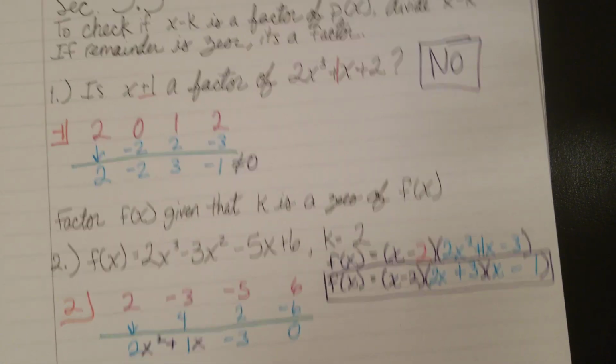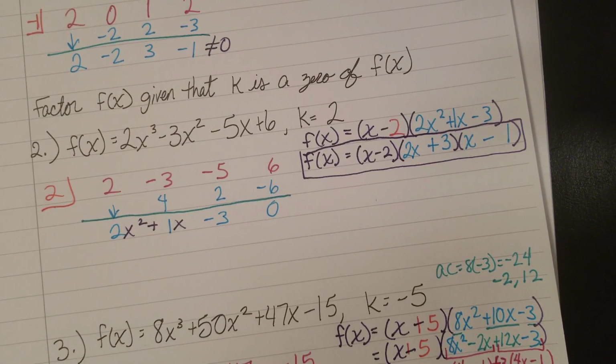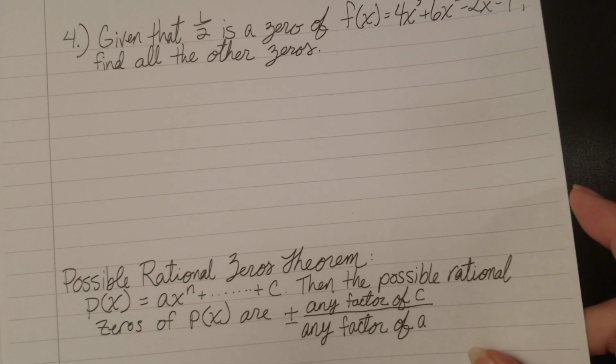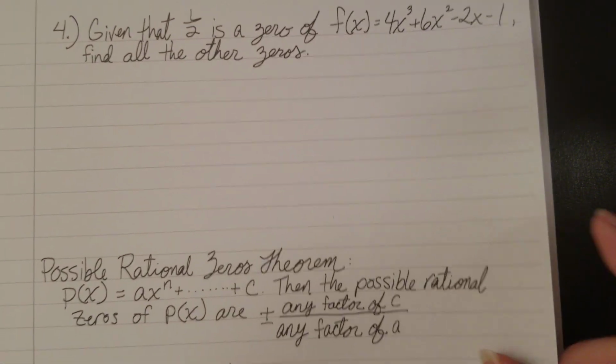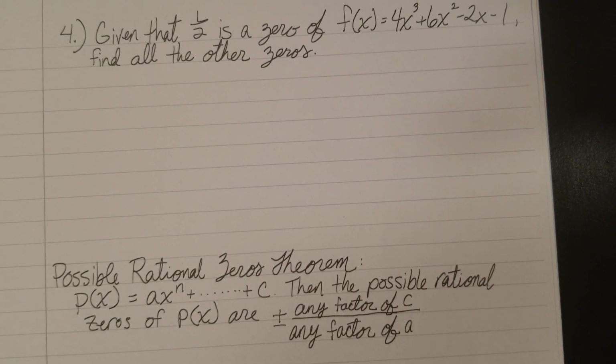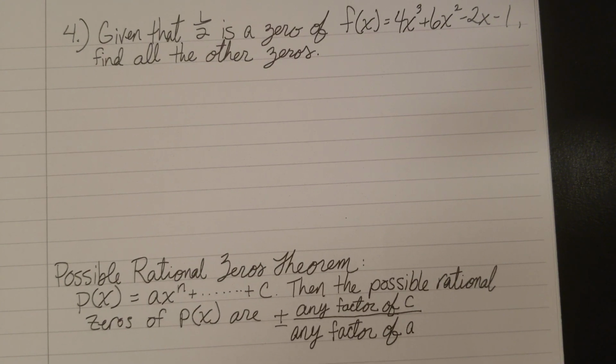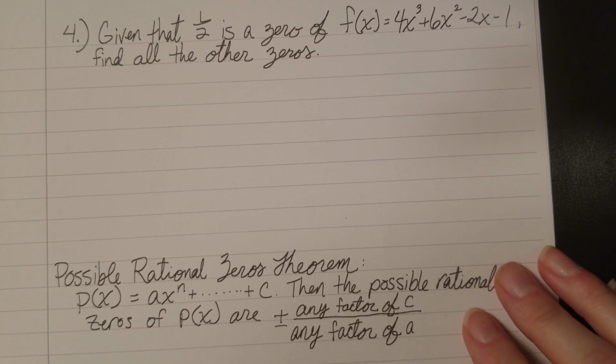Alrighty, let's see. Next page. It says, given that 1/2 is a 0 of f of x, find all the other zeros.